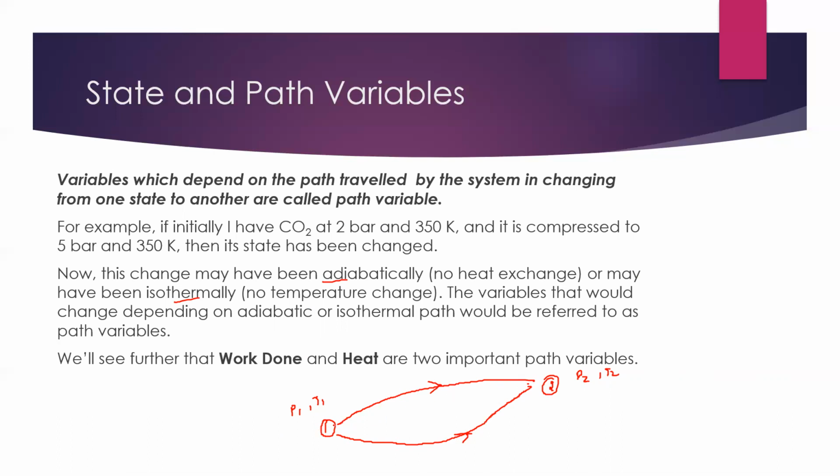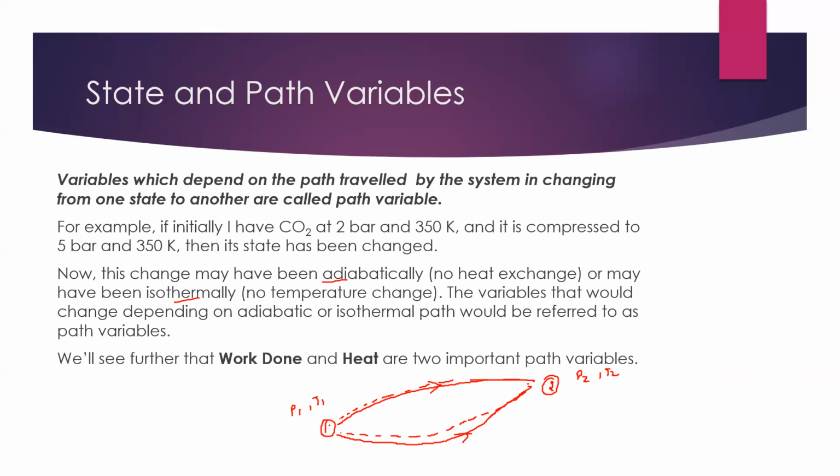No matter what path it travels, the pressure and temperature in state 2 are going to be P2 and T2, whether it comes through this path or this path. In both cases, the variables here are going to be P2 and T2 only. That's not going to change.